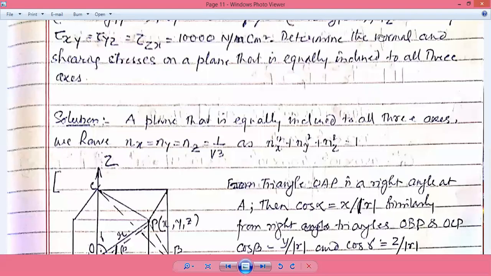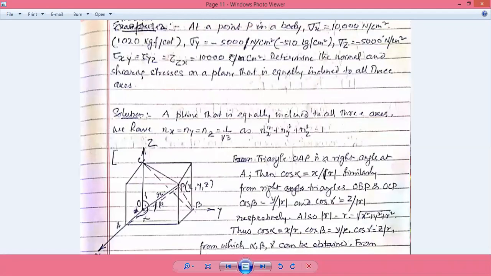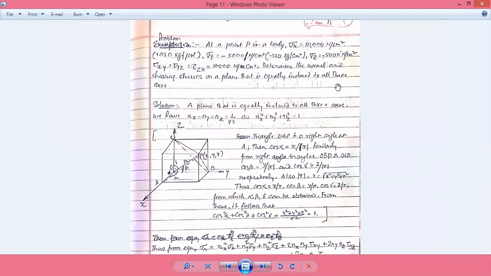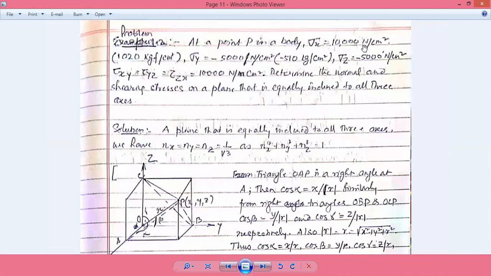Let us go through another problem. Now, at a point P in a body, sigma x is given as 10,000 Newton per centimeter square, sigma y is given as minus 5,000 Newton per centimeter square, and sigma z is given as 5,000 Newton per centimeter square.